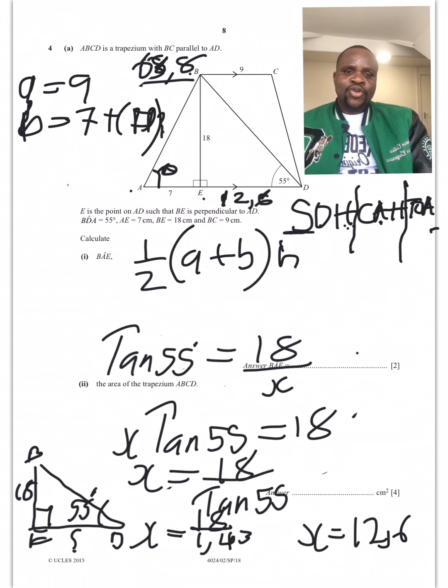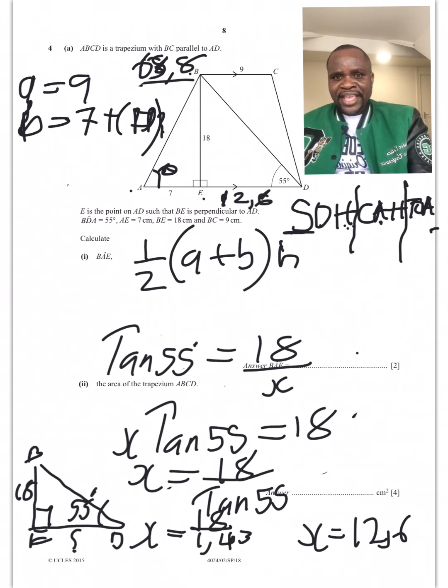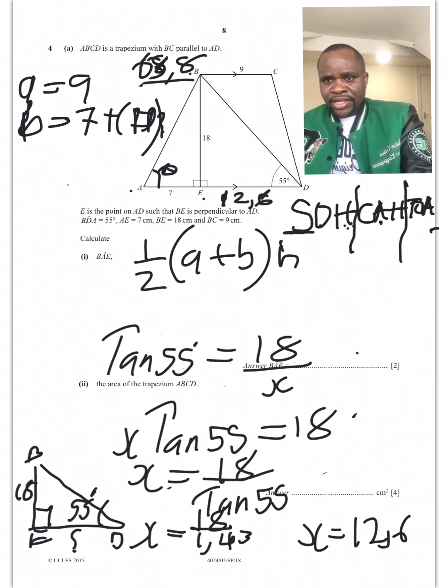So now it is going to be easy for us to calculate our B from the formula, because it will be 7 plus this. All right, let me wrap this one so that we can go forward.